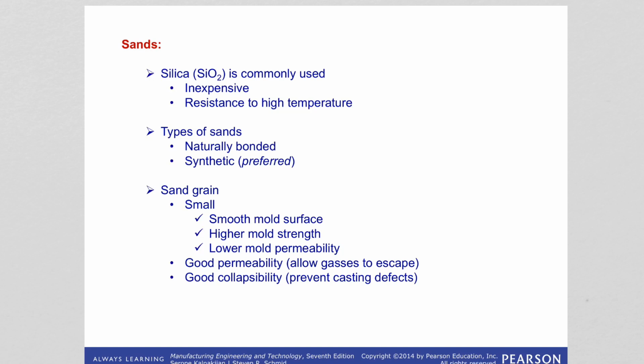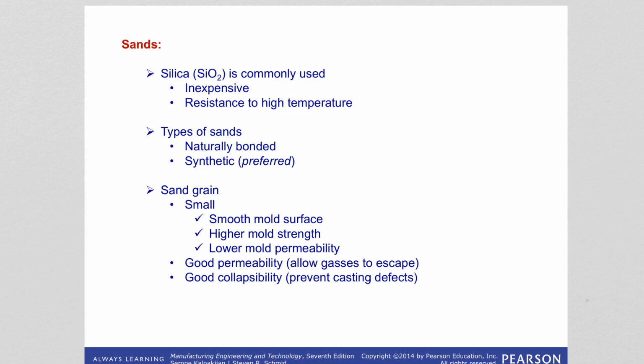So in sand casting, what type of sands are we using? The most common one is silica. This is silicon dioxide. We know this is a ceramic material and can withstand high temperatures. It is also inexpensive, and it has a high melting point.